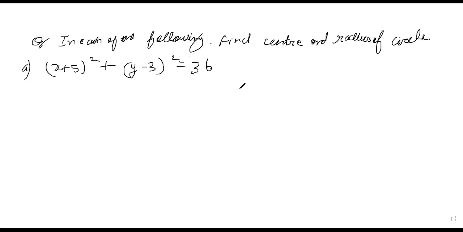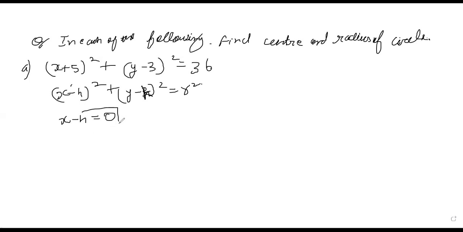The center is 5, 3. See, in the equation, compare this with the equation x minus h whole square plus y minus k whole square equals r square. So assume x minus h is equal to 0. Here, what will be the value of h?